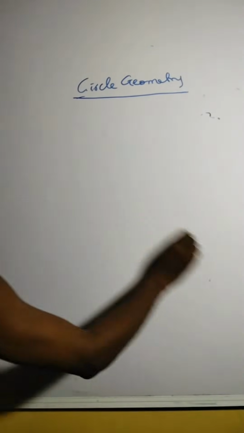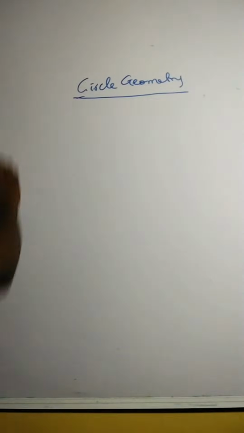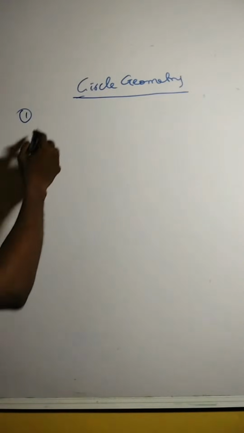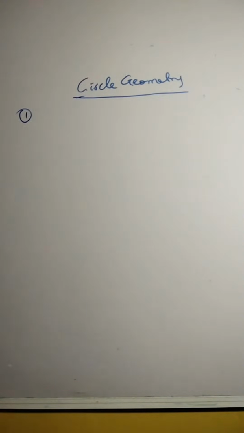Number one, a chord or an arc subtends angles at the center of a circle.